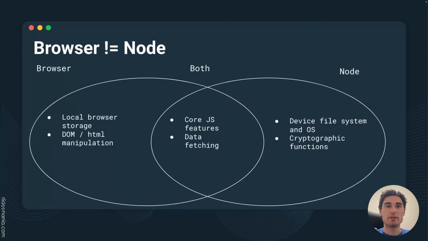Finally, it's important to note that although all of the core JavaScript features can execute both in the browser and in Node.js, there are a few differences to be aware of. To begin with, there are certain operations and certain APIs which are only supported in one environment or the other.